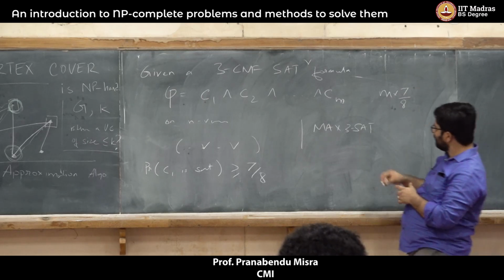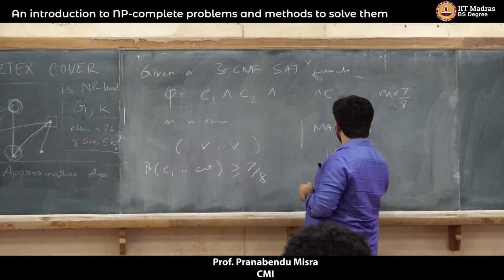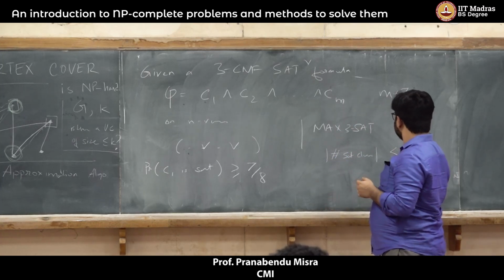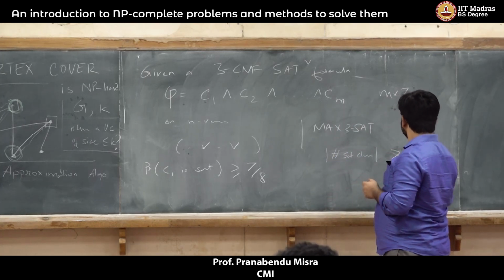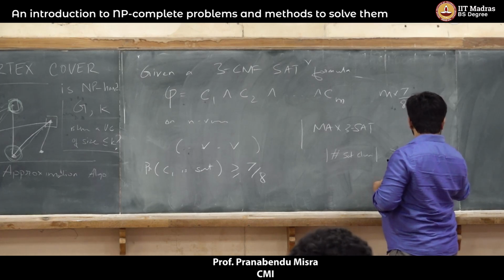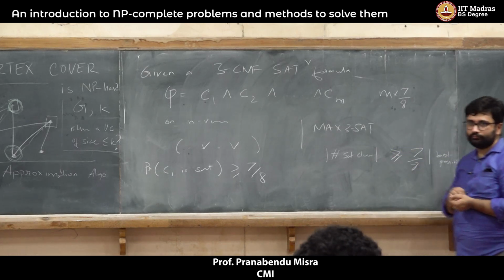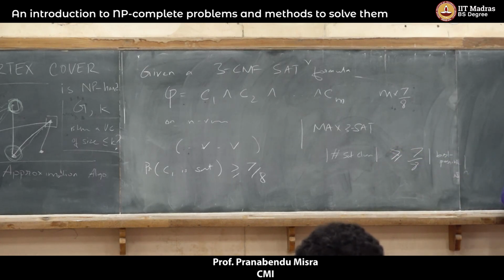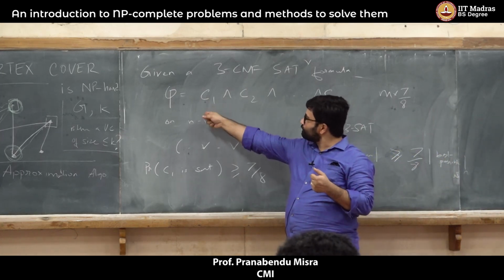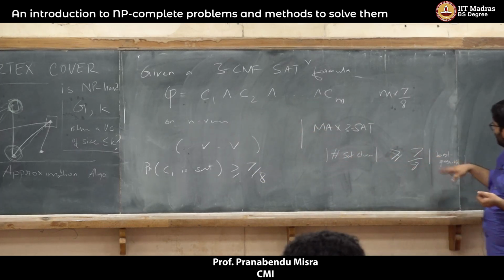So you could say that the number of satisfied clauses is at least 7 by 8 times the best possible. I should also clarify that I sort of assumed that none of these clauses are opposites of each other and things like that, but that's not a big deal.